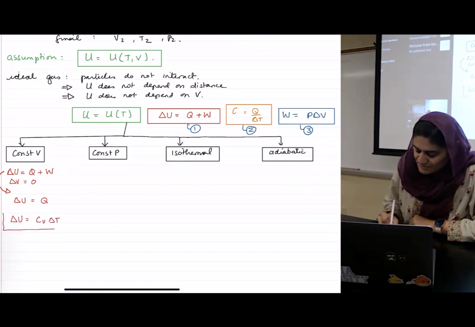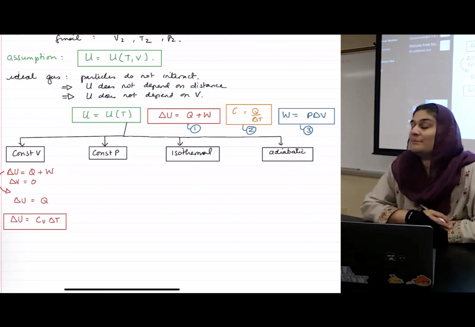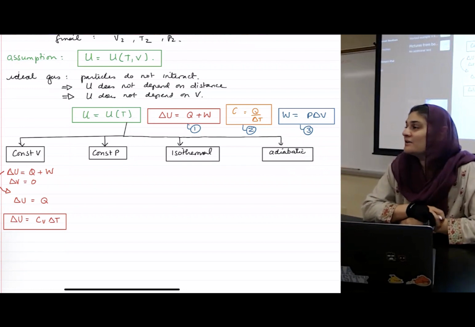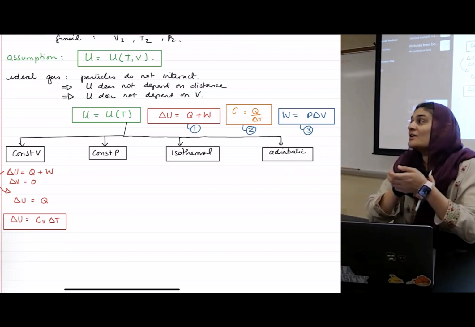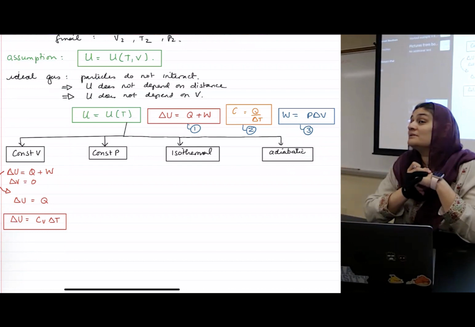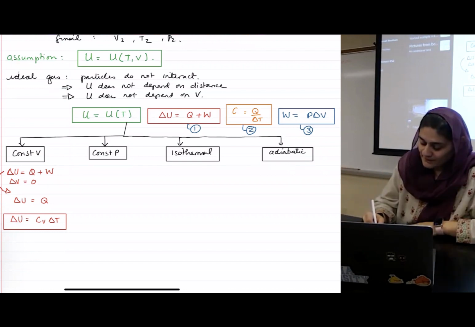Have you seen this before in chemistry? And why did I put a subscript V there? Because what kind of a process is this? It's a constant volume. Okay.